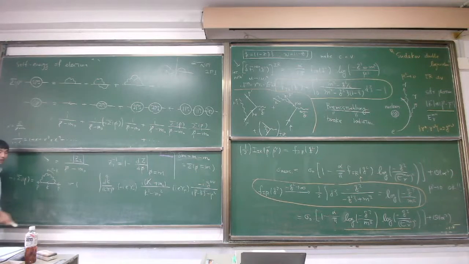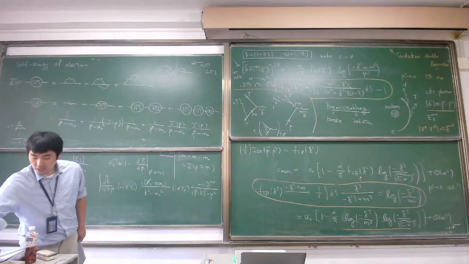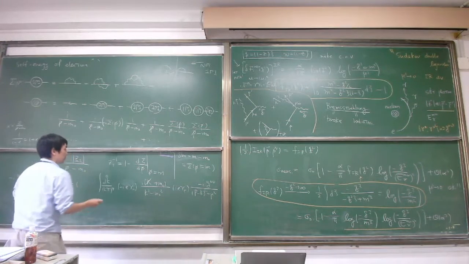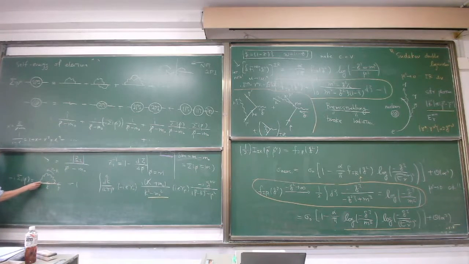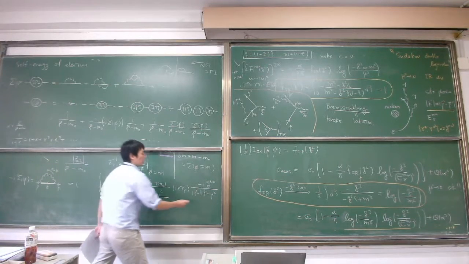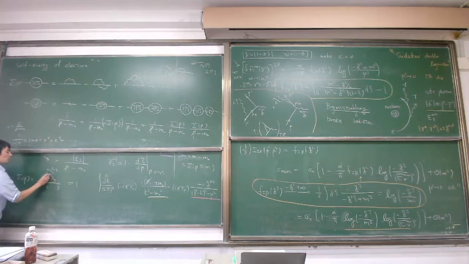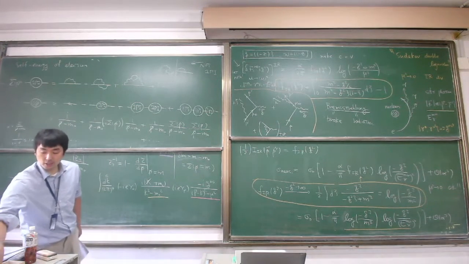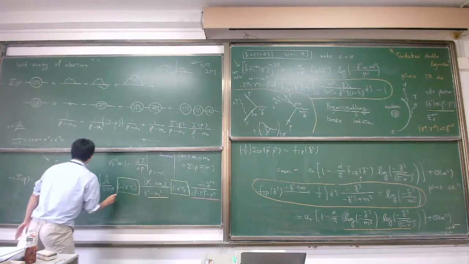Okay, then let's write down the usual. I think you already get used to it. So this one is equal to the propagator of the electron, and this one corresponds to the photon propagator, and of course this vertex corresponds to this point and this point.